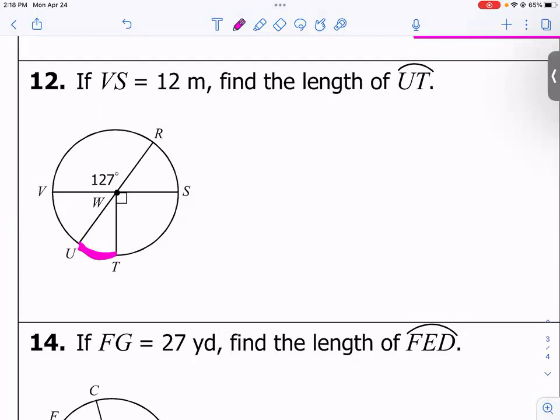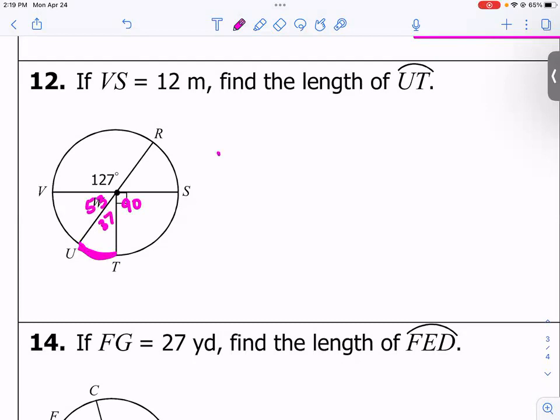What's the degree measure of this little angle right here? Well, this one's 90. How do you get 37? So what's this one right here? This is 53. So this one's 37.